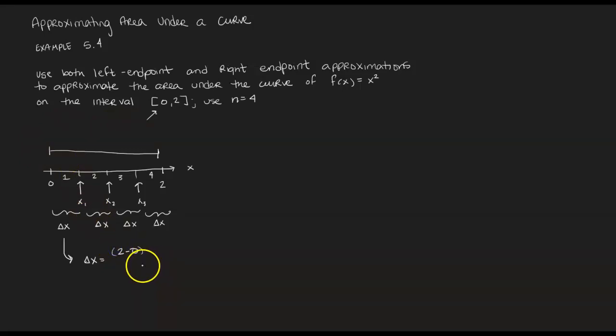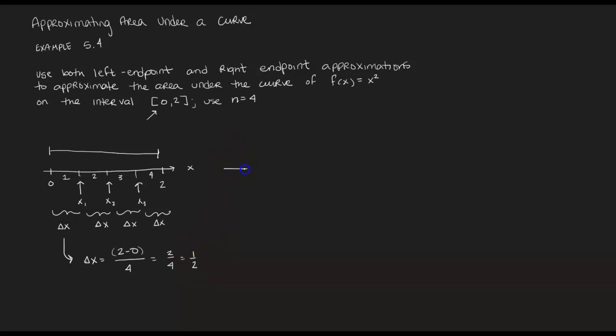That's the length of our interval, and then we divide it by the number of partitions we want, 4. So our delta x turns out to be 2 over 4, or 1/2. So from 0 to 2, if we want 4 subintervals, each one is going to be a half unit tick mark.